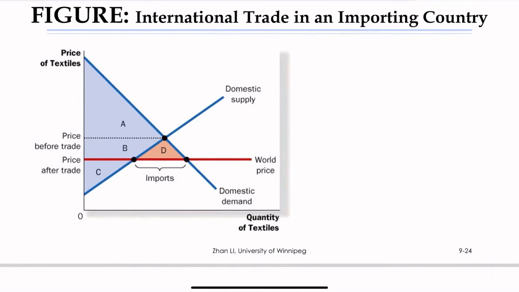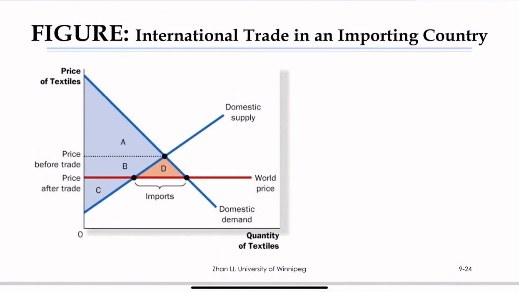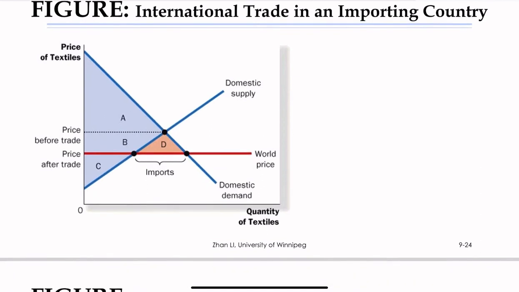Because it's cheaper to make your purchase from the outside world. And how would the domestic price and domestic quantities change? Well, you can see that the domestic price will decrease to the world price, right? So the domestic price will decrease to the world price.